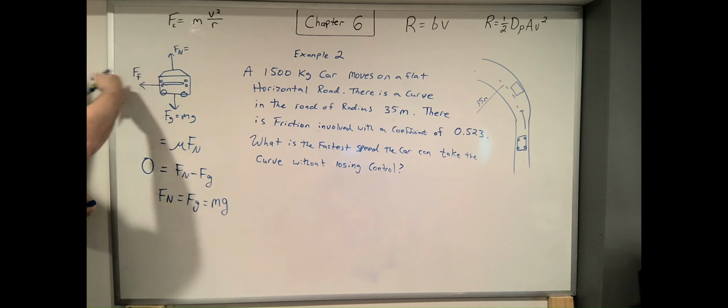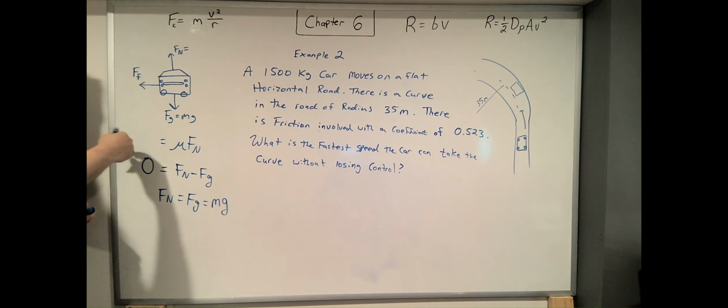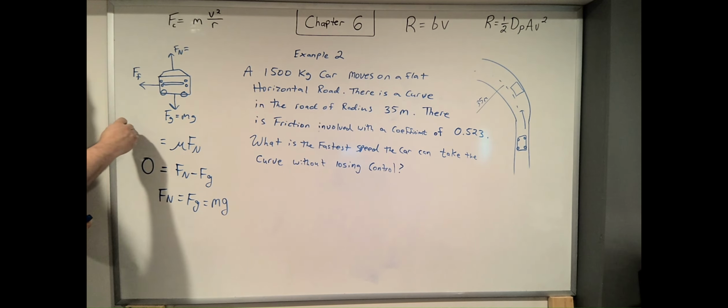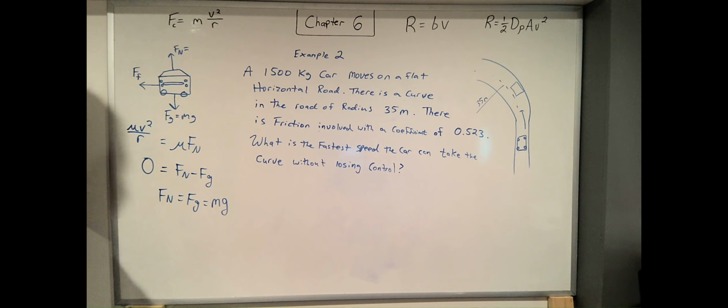So the friction force of the tires pulling in towards the center of the circle, center seeking, is going to be my mass times velocity squared over r. That's my centripetal force. That's the overall sum. They're both in the same direction. I'm just going to leave them both as positive.